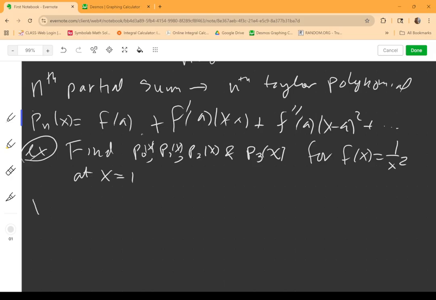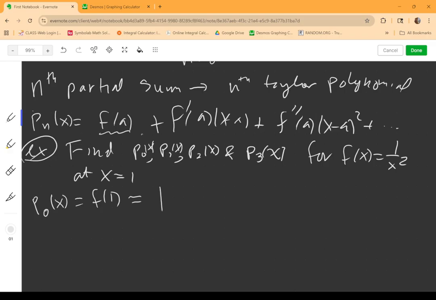The 0th polynomial is simply just the first term, so really it's just f of 1, the function value, so it's a constant. The 0th polynomial will always be just a constant, very basic. Looking at this, f of 1 is 1 over 1 squared, which is 1. That would be an approximation to 1 over x squared, centered at 1.